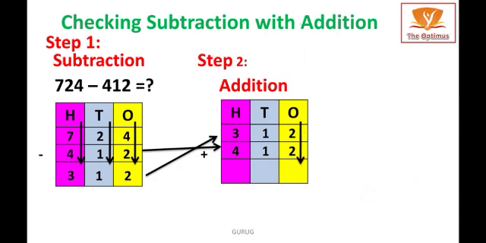Tens place, 1 plus 1, 2. In hundred place, 3 plus 4, 7. Therefore, 312 plus 412 equal to 724. Dear kids, we are going to check both the answers are same or not.